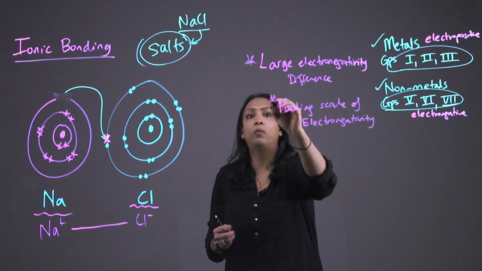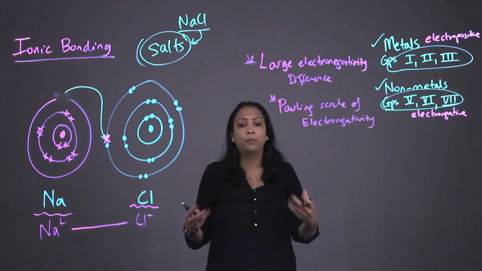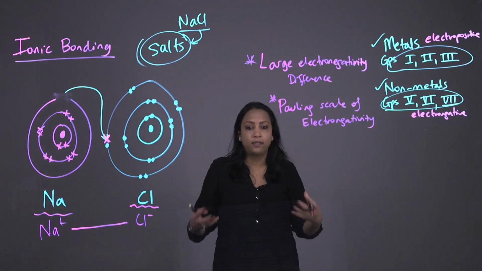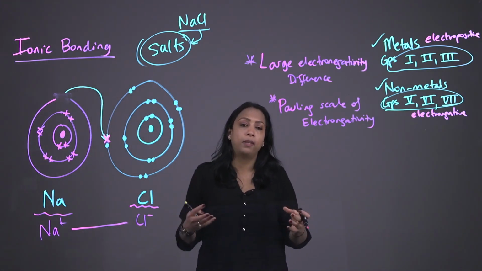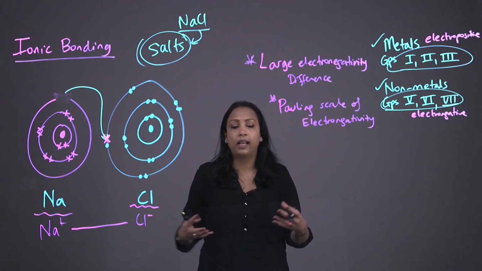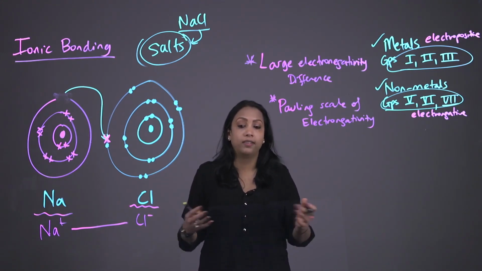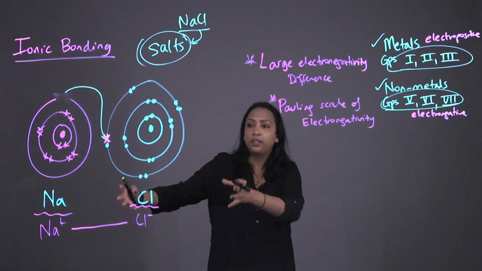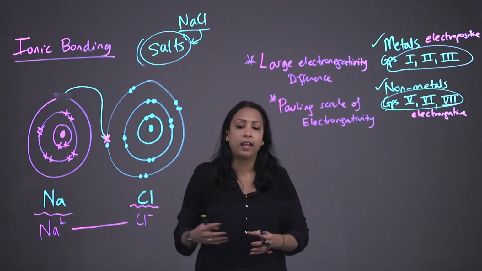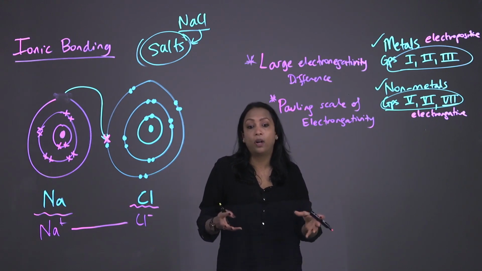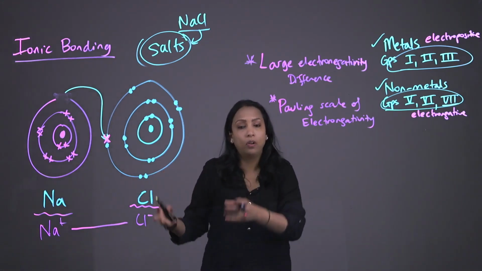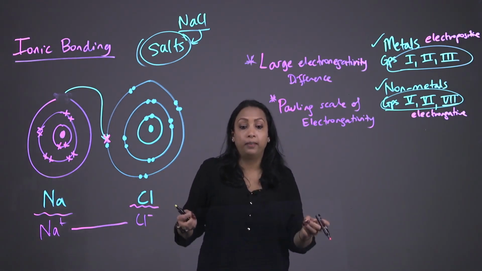Pauling was the scientist who came up with this term, electronegativity, and the scale is used by chemists to average the electronegativity of various atoms. The larger the difference in electronegativity between two atoms involved in an ionic bond, the more polar the bond will be.